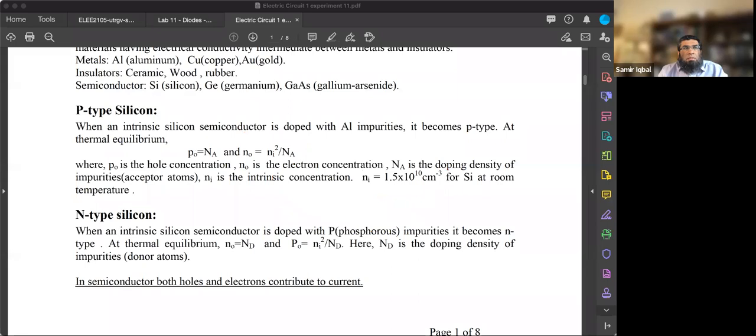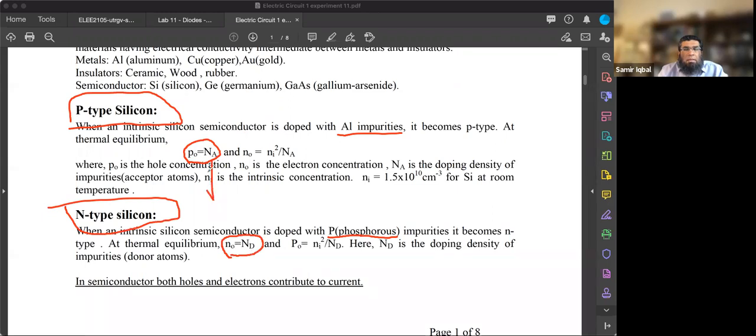So let's move on, because if we know one type, it's the same thing for the other type. Doping with aluminum gives you P-type, and doping with phosphorus gives you N-type. But the calculation principle is the same. P is the concentration of holes, and N is the concentration of electrons.